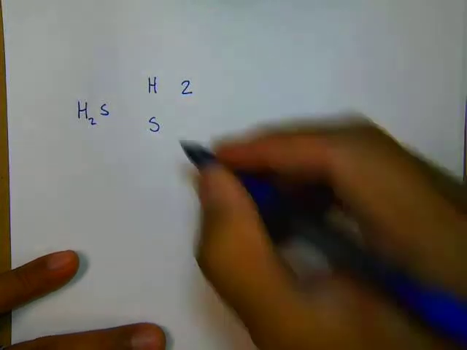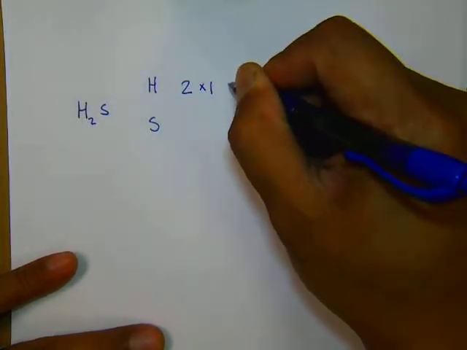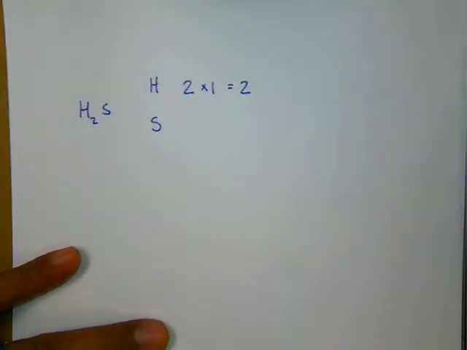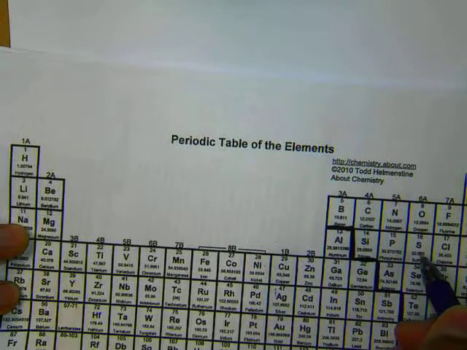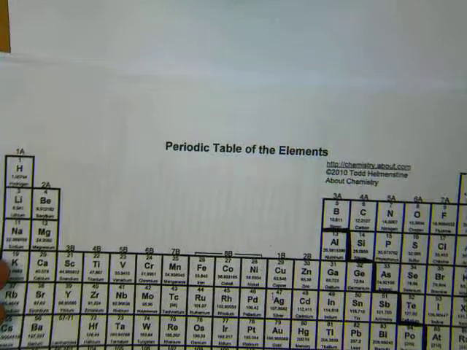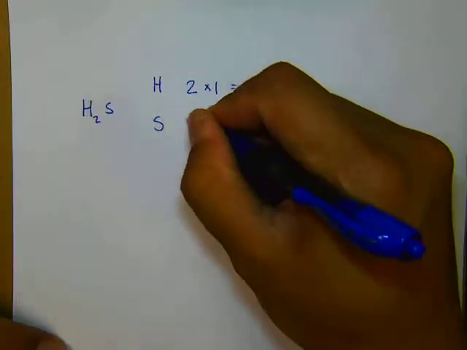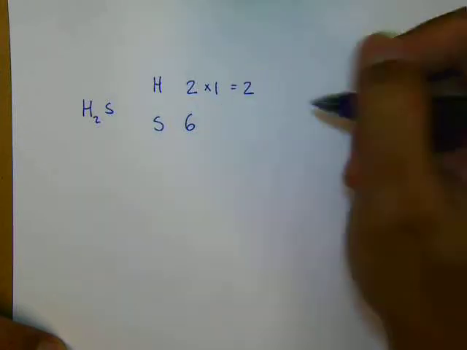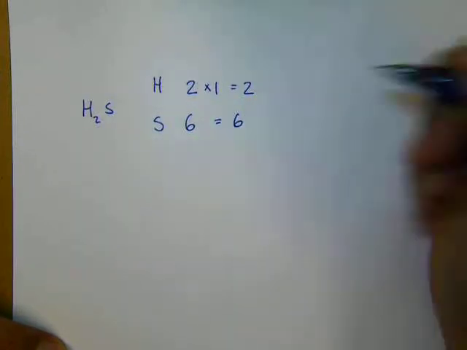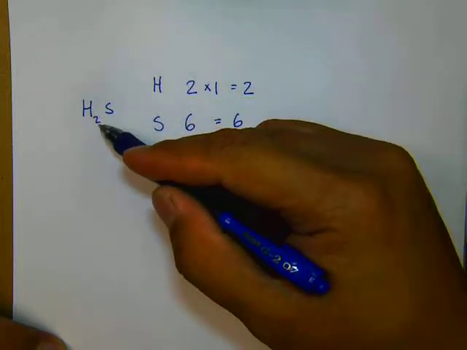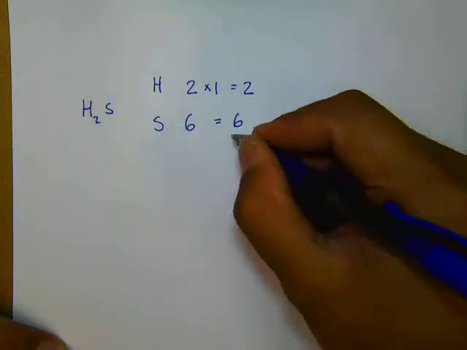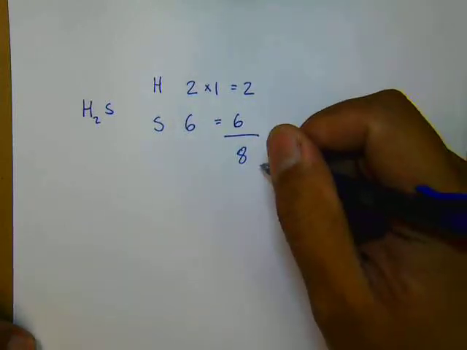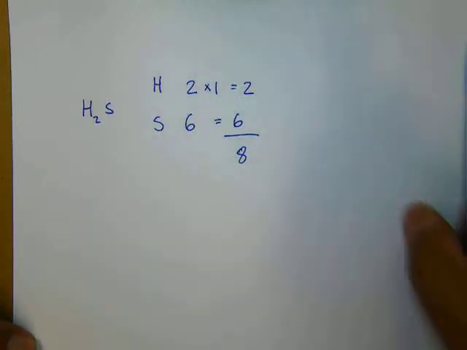So if there are 2 hydrogens and they each have 1, that means that's 2. Sulfur is right here. It has 6 valence electrons. And we have a total of 8 electrons. This is again how many valence electrons they have.